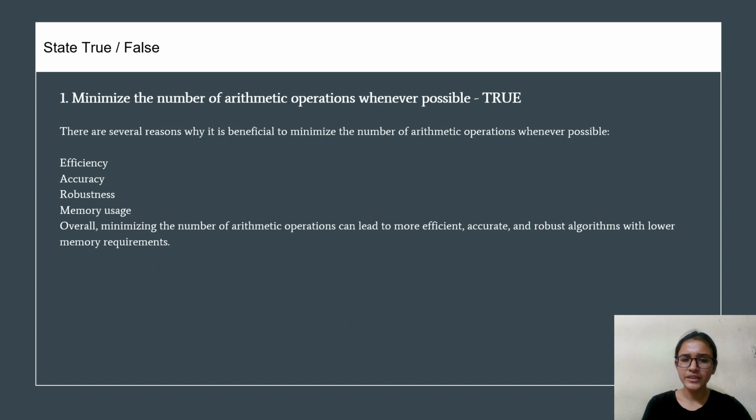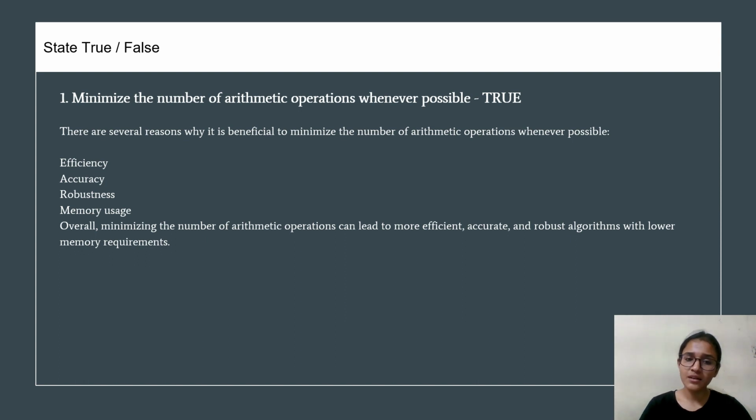Performing arithmetic operations is a computationally expensive process. So by minimizing the number of operations, we can improve the efficiency, which also reduces the processing time. Each arithmetic operation introduces a certain degree of error, which can accumulate over multiple operations.